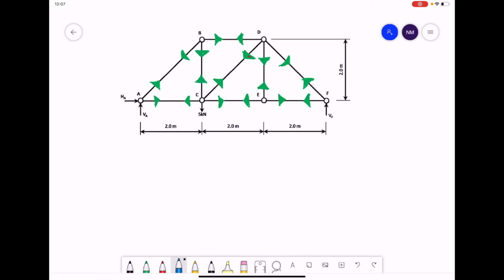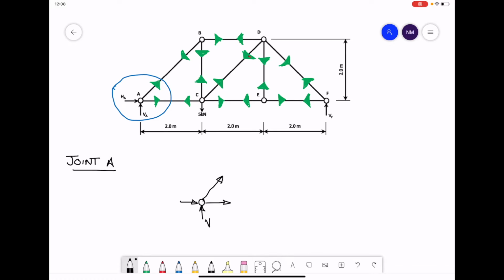First, we're going to look at joint A, and we're going to consider the equilibrium of forces at joint A. Taking the joint A and drawing a separate free body diagram for joint A, we have the arrows as shown in our free body diagram.